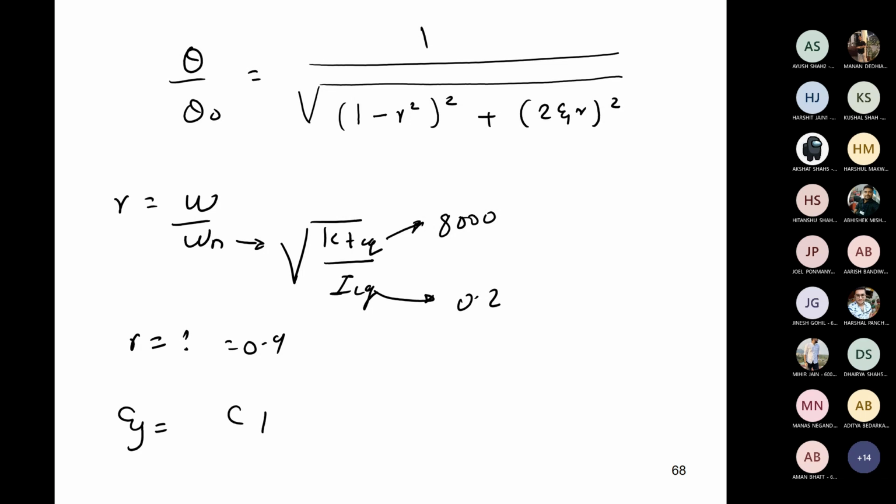So zeta is C torsional equivalent divided by C torsional critical. So that is something on the numerator into 2 into I equivalent into omega n. So find out zeta also.